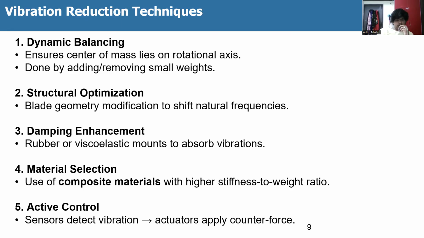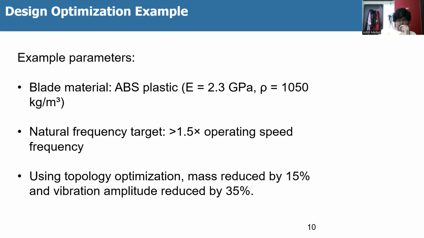Third is damping enhancement: rubber or viscoelastic mounts to absorb vibrations. Fourth is material selection: use of composite materials with higher stiffness-to-weight ratio. Fifth is active control: sensors detect vibration and actuators apply counterforce.